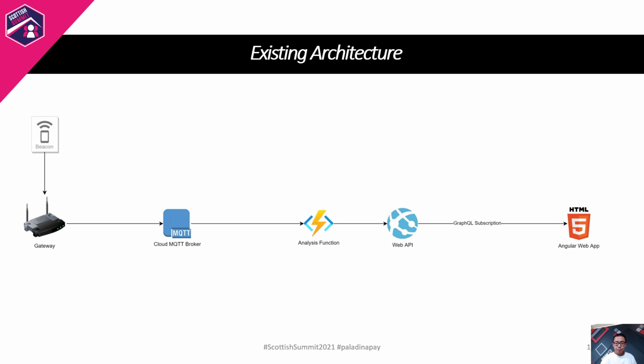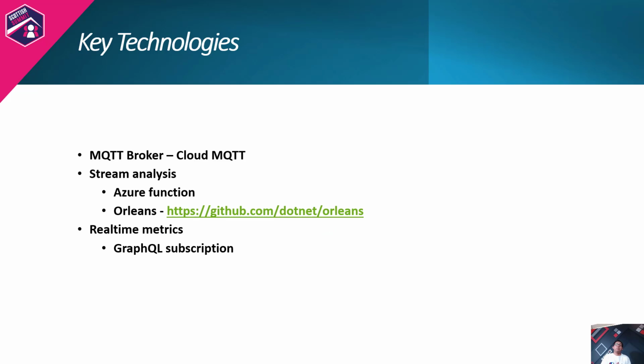So, as a recap, the key technologies they use now: there's a message queue broker, and they use Cloud MQTT. For the Stream Analytics part, they use Azure Function, and they've considered Orleans. Orleans is a nice NuGet library done by Microsoft Research, and it's on GitHub. It has a good amount of stats on GitHub.